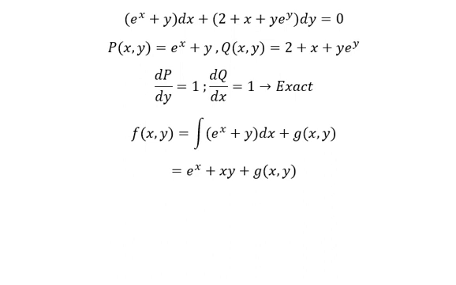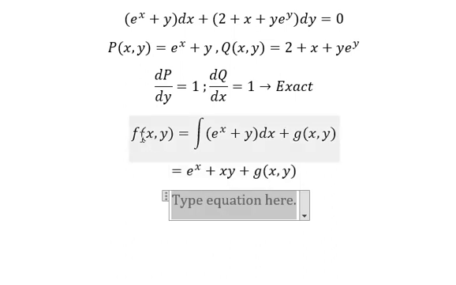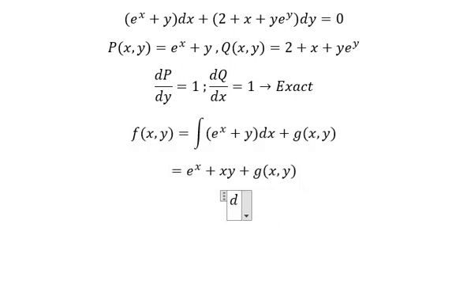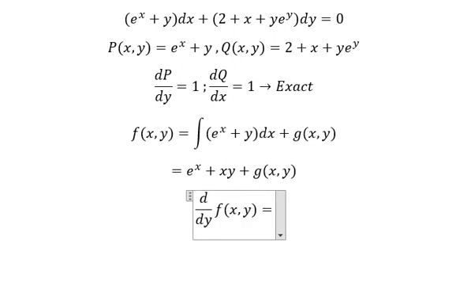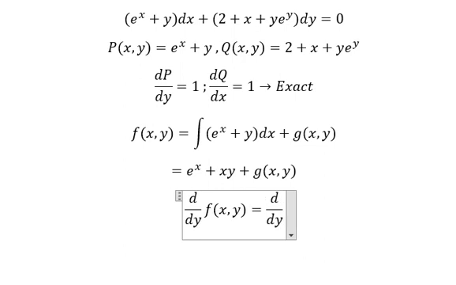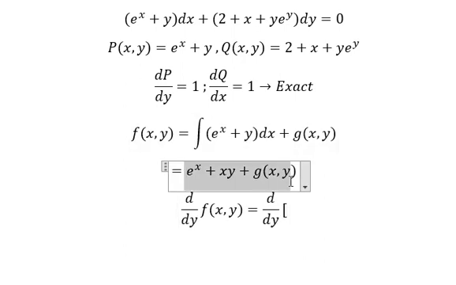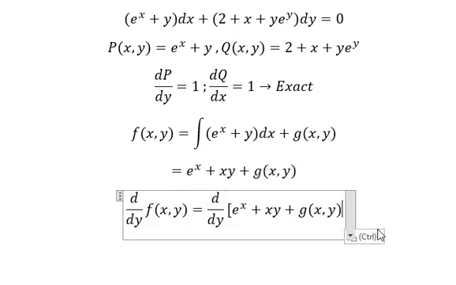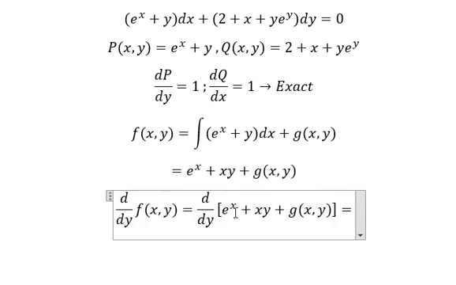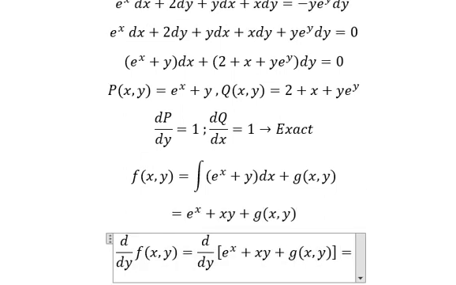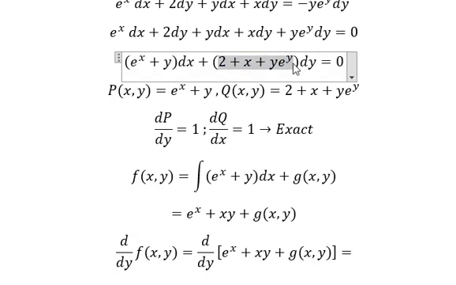Next, we need to do first the derivative of the function with respect to y. So you got about d over dy f s y. So we do first the derivative of the function with respect to y for the both sides. And we know that this one equals to this one.